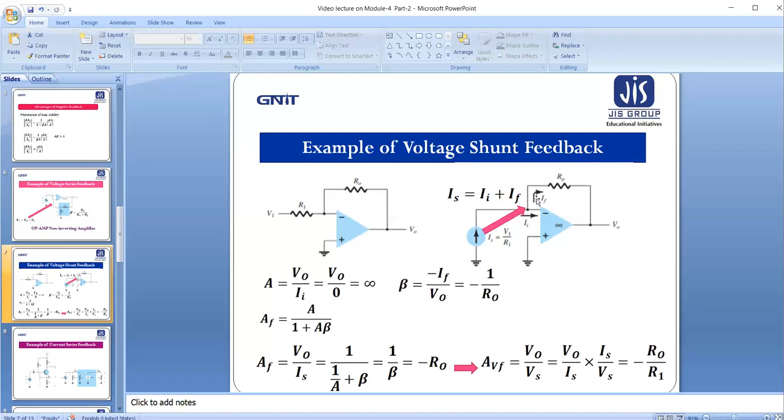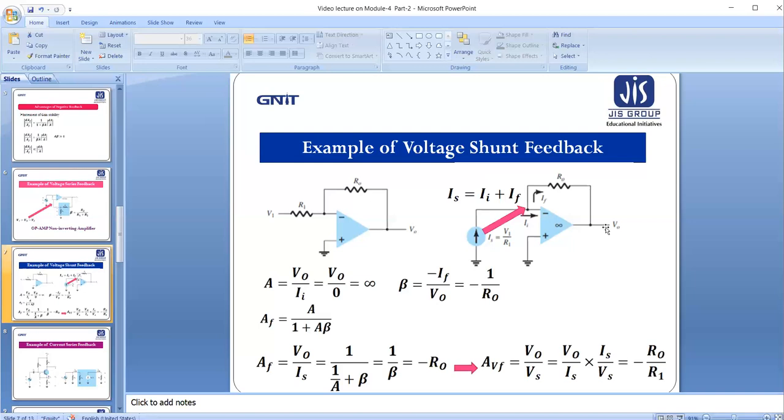So IF is the feedback signal, and II is the input signal of the op-amp. So here we can say IS equals II plus IF. Now you know that this relation is the current relation, so it is a shunt mechanism.